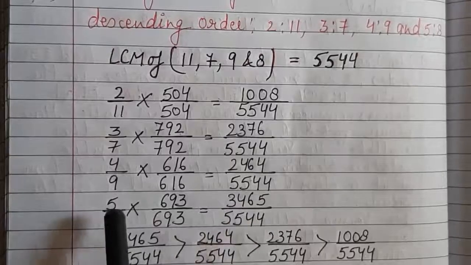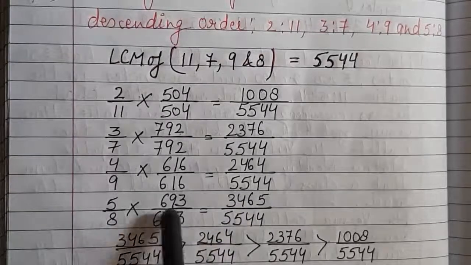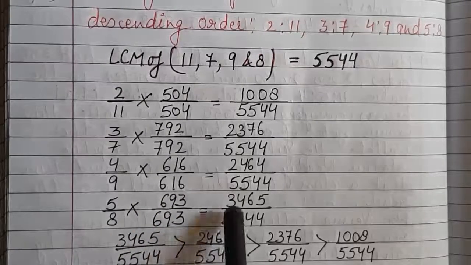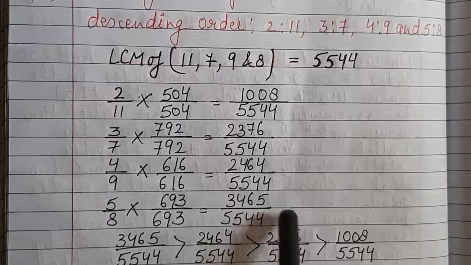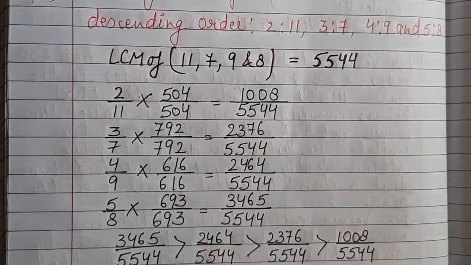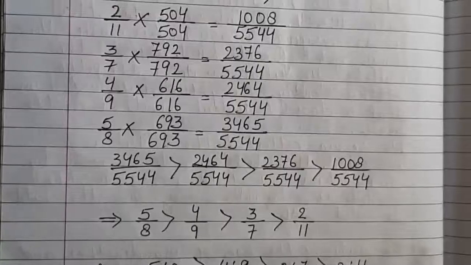And 5 by 8, when we multiply by 693 in numerator and denominator, will come 3465 by 5544. Right?